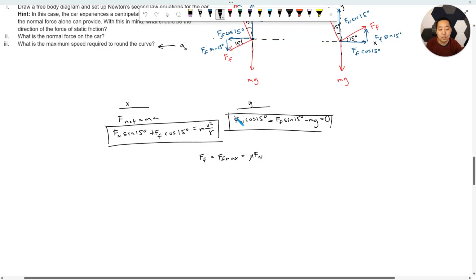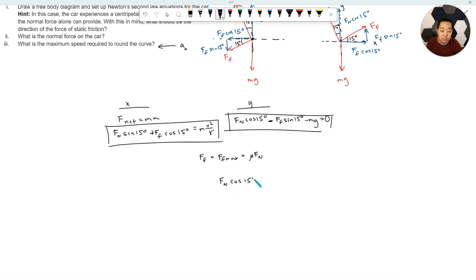So when I plug this in, Fn cosine 15 degrees minus mu Fn sine 15 degrees equals mg. And so the normal force is going to be, if you factor it out, mg over cosine 15 degrees minus mu sine 15 degrees. Almost the exact same, just with a minus sign. So actually, you could save yourself a lot of work if you do this.